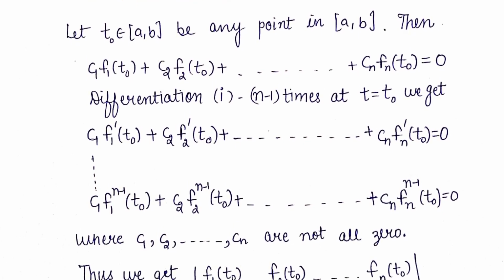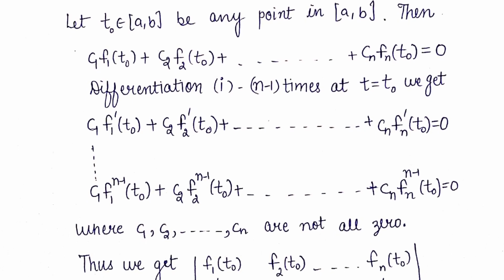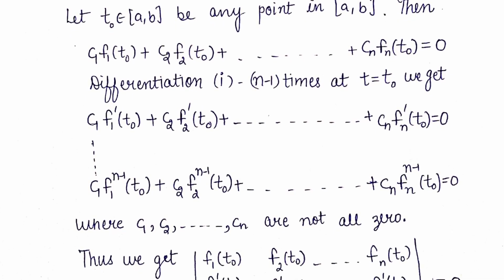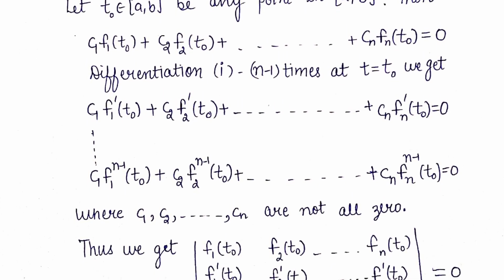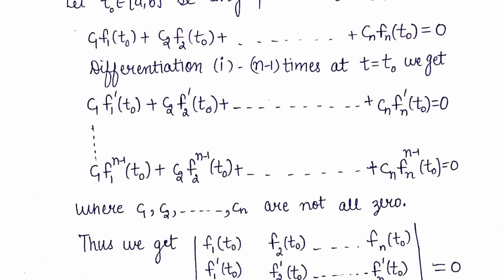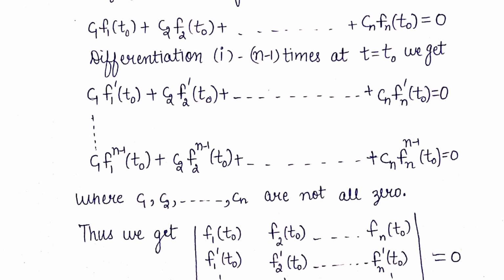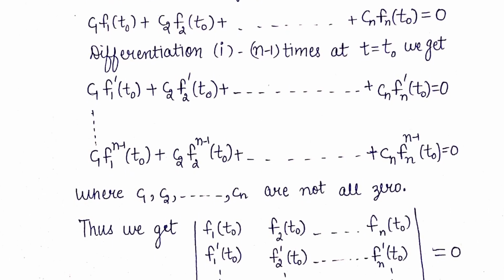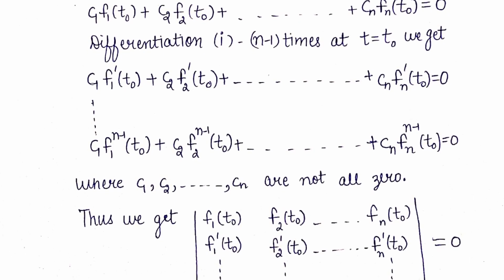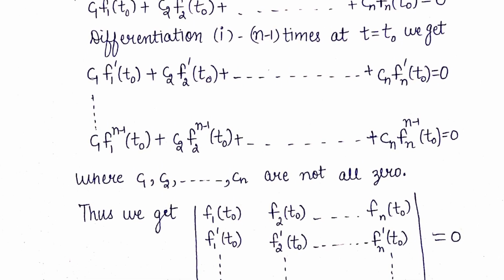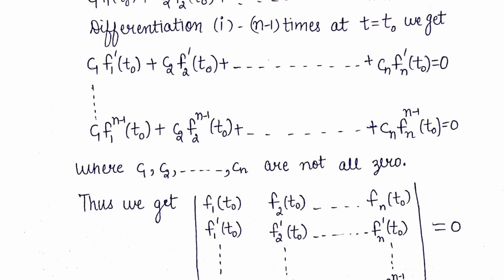We get c1 f1 dash t naught plus c2 f2 dash t naught plus so on cn fn dash t naught is equal to 0. Similarly, when you differentiate it n minus 1 th time and take the values at t is equal to t naught, we get c1 f1 n minus 1 derivative at t naught plus c2 f2 n minus 1 derivative at t naught plus cn fn n minus 1 derivative at t naught is equal to 0.